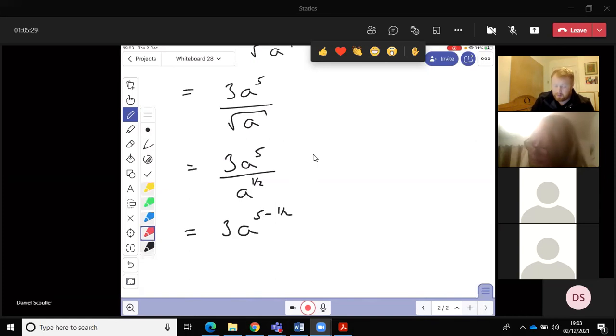So 5 minus a half, you could have 4.5, or you could put it into a wee bit of a better form. So you could take that over and think about what that is. 5 minus a half. 5 is just 5 divided by 1.